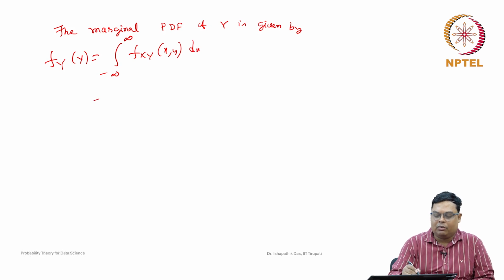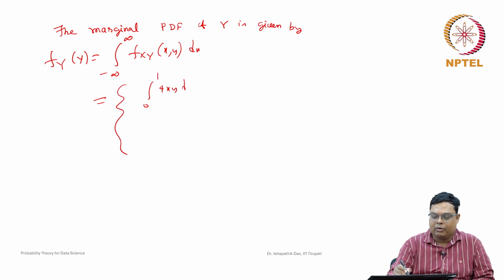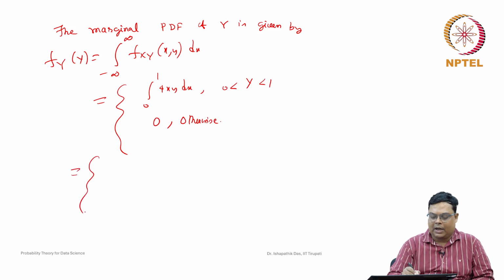So, this will be nothing but the integral from 0 to 1 of 4 x y with respect to x whenever y is between 0 and 1, otherwise it is 0. After doing this integration, by symmetry it is very much the same: 2 y whenever 0 is less than y less than 1, and 0 otherwise.